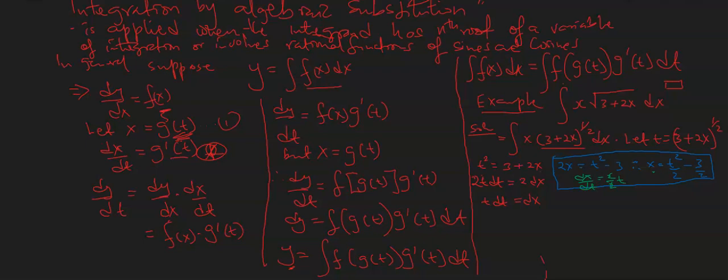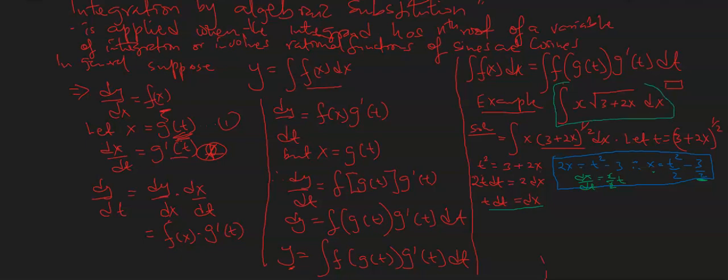Note that if you differentiate minus 3 over 2 with respect to t, you get 0, since we don't have a t there. So dx/dt is equal to that, which is exactly this one. So exactly that. t dt is equal to dx.